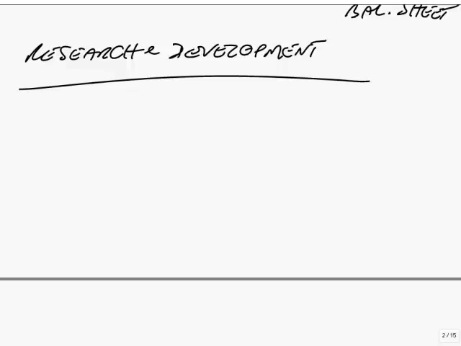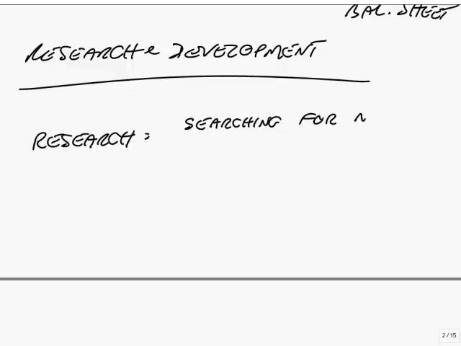Well, they came up with an accounting standard. And first of all, they made a distinction between what they called research and what they called development. First of all, research: we'll call it research when we're searching for a new product, like a drug company.